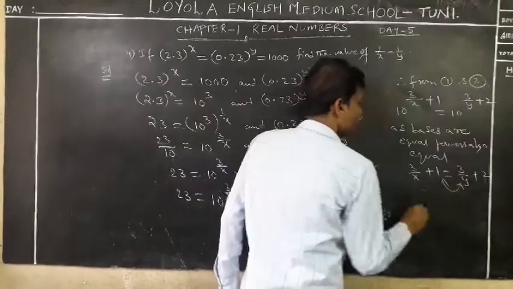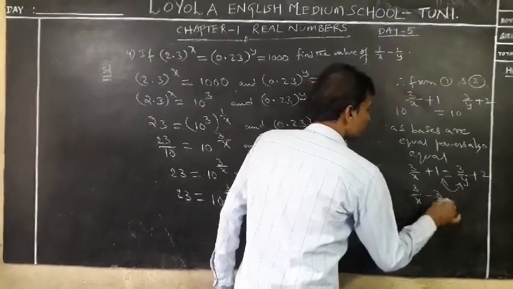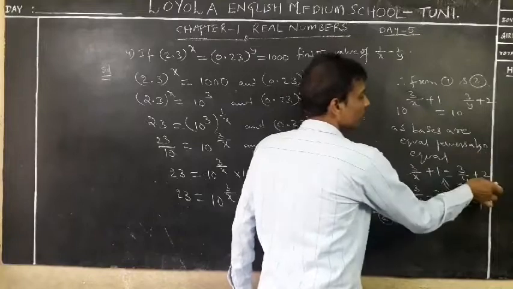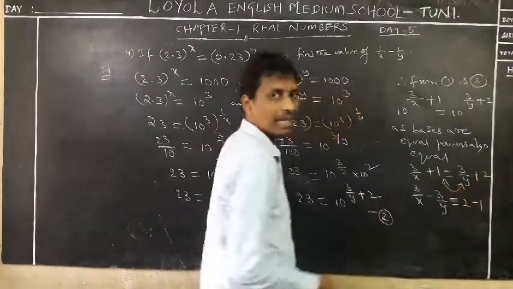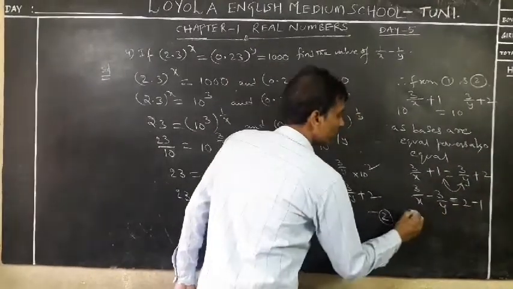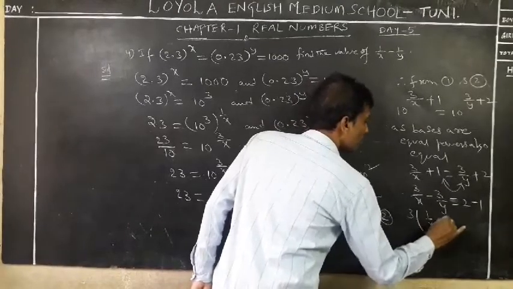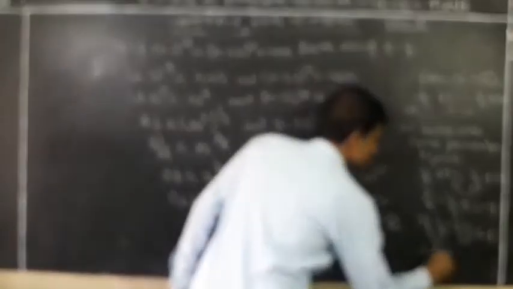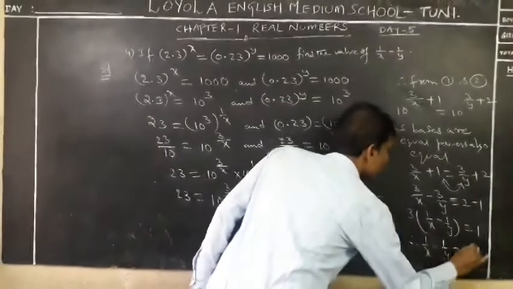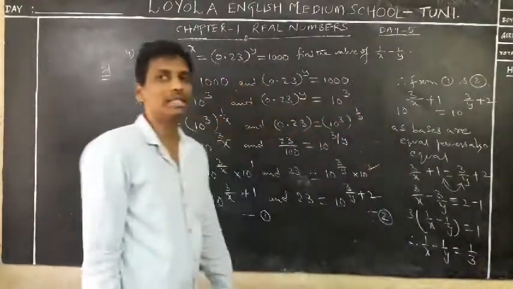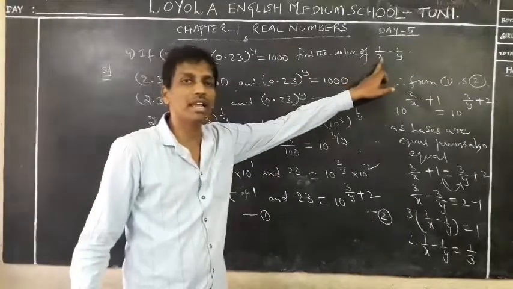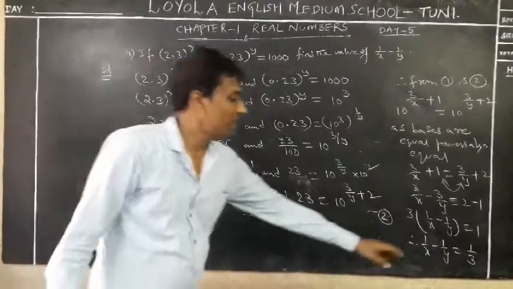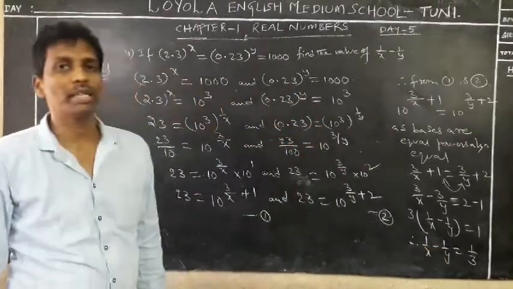Interchange these two terms: 3 by x minus 3 by y is equal to 2 minus 1, means plus 1 will go that side, 3 by y comes to the left hand side. From these two fractions take 3 common, 1 by x minus 1 by y is equal to 1 by 3. Here we are asking the value of 1 by x minus 1 by y. Finally we get the answer is 1 by 2.